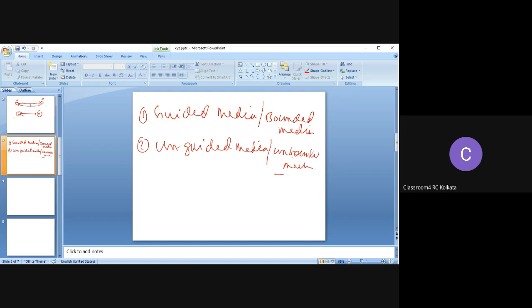And another is unguided media, or unbounded media. Guided or bounded media include twisted pair, coaxial cable, and optical fiber. These are the media which we can see and touch.